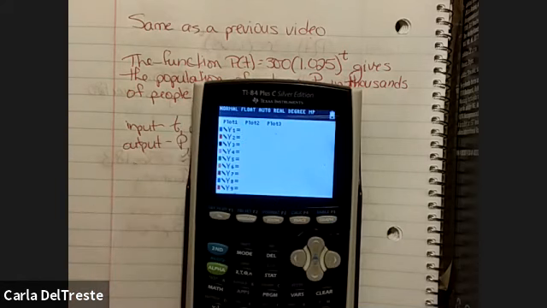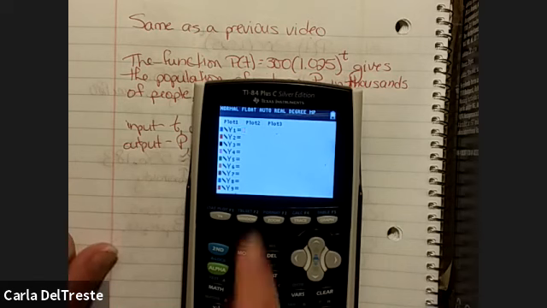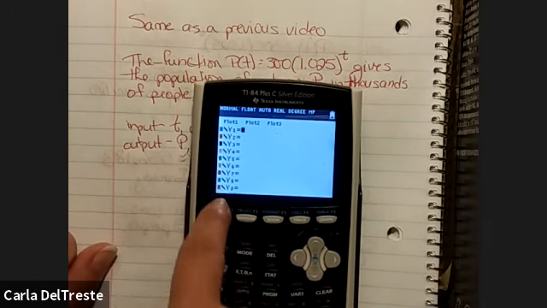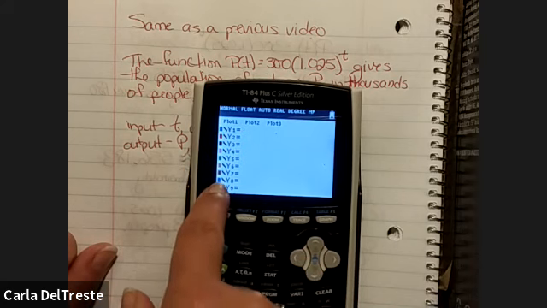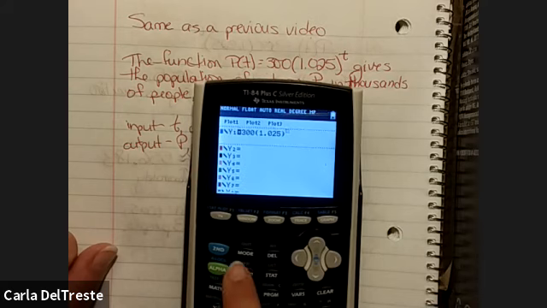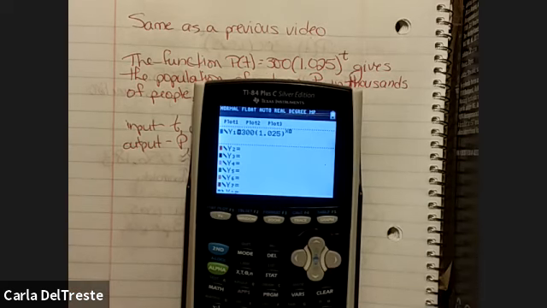I'm going to have to realize that my input is going to have to be x's, okay? And my output is going to have to stay y's because my calculator only understands y equals, okay? So it's going to be y equals 300 parentheses 1.025 raised to the x, okay? You're going to have to translate back and forth for yourself that we're really working with t and p, okay?